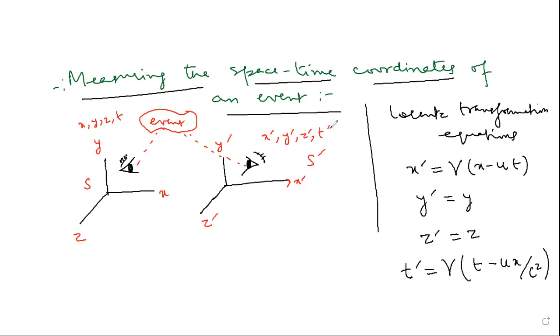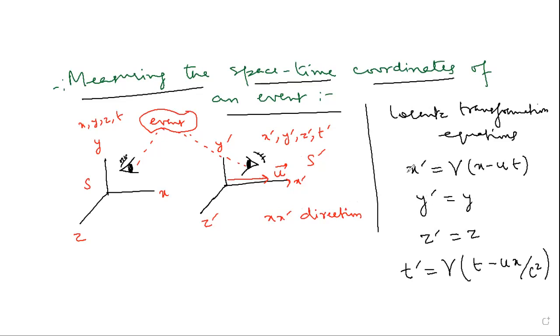And observer S prime moves relative to S with velocity u. This coordinate system is in motion with velocity u along the common x prime direction, right? So keep this in mind in our discussion.